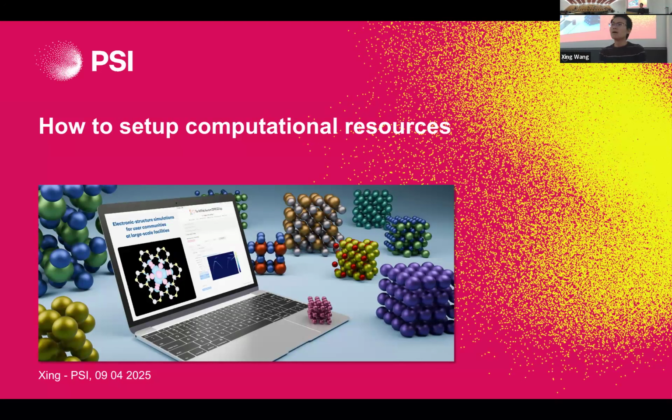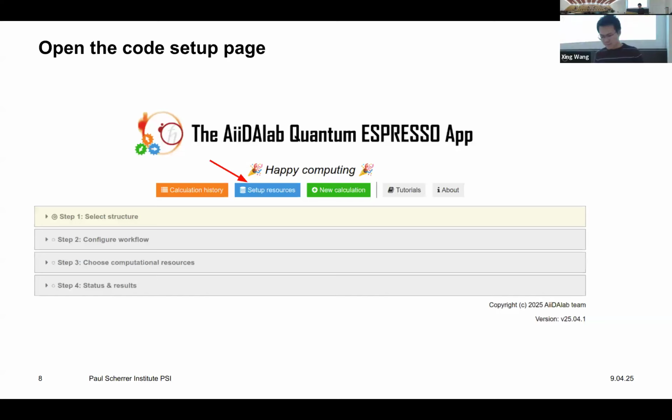But how do we connect the local IDLab instance to the remote computer? In the app, we provide a page to set up the computational resource. Maybe I can go to the demo.